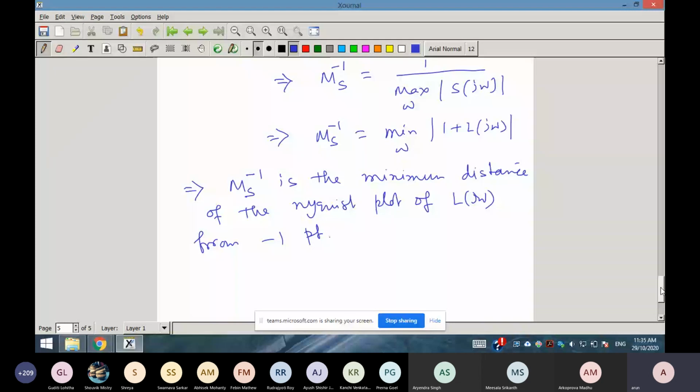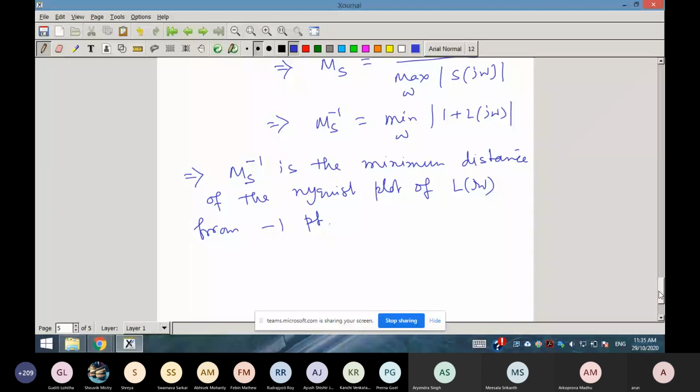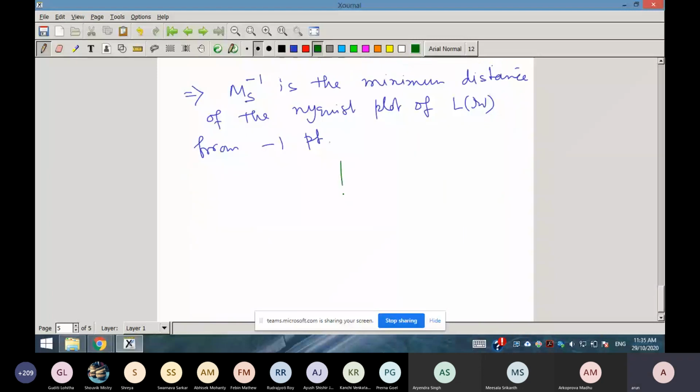What is now Ms inverse? If you see in this figure, again I am drawing it for convenience. This is the real part of L(j omega), this is the imaginary part of L(j omega).